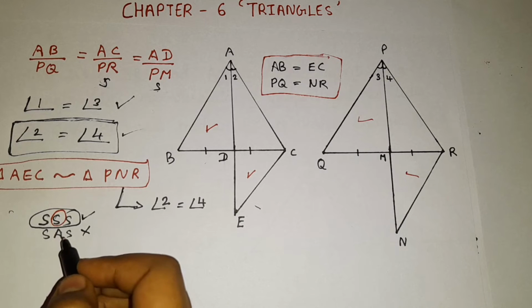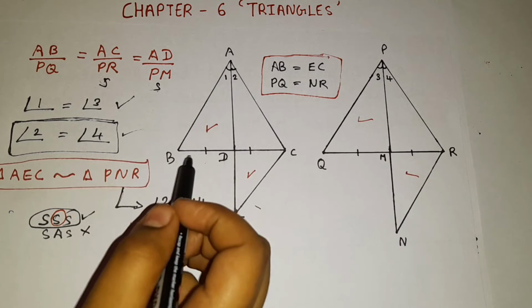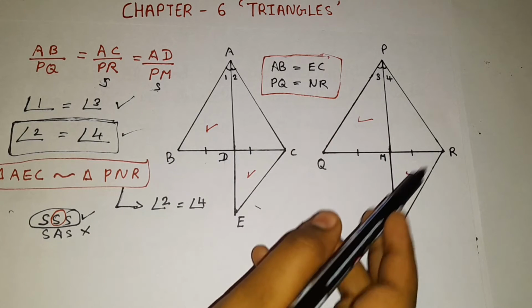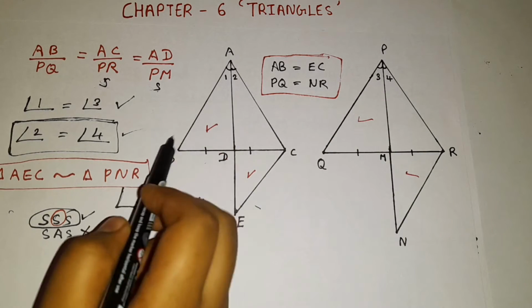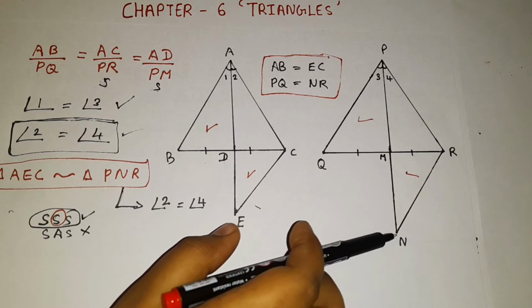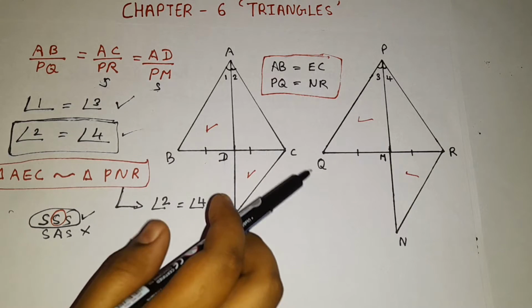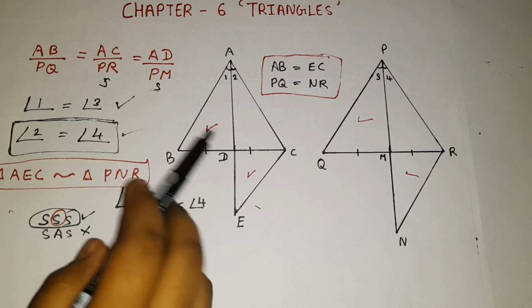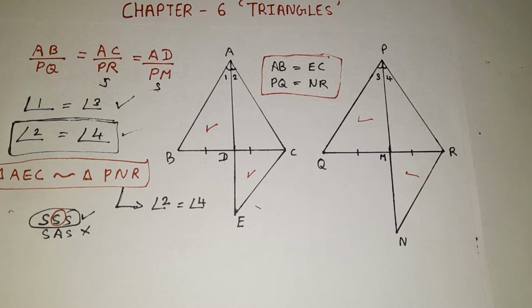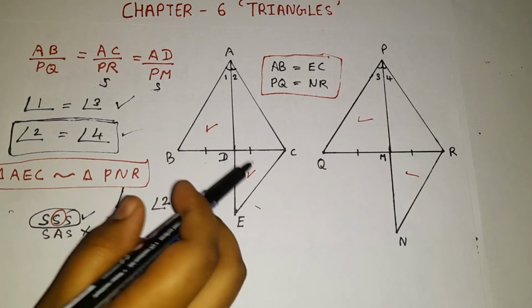For finding one more side, I have only one option, that is AB is equal to CE and PQ is equal to RN. To find that AB is equal to CE and PQ is equal to RN, I am supposed to show proof for that also. So if I prove it is congruent, then only I will be able to use it. So now my aim is to prove it is congruent.